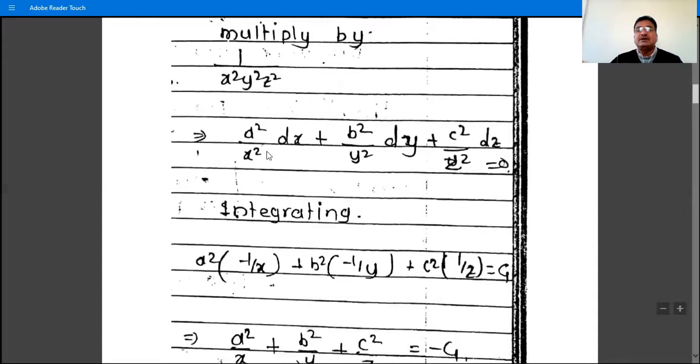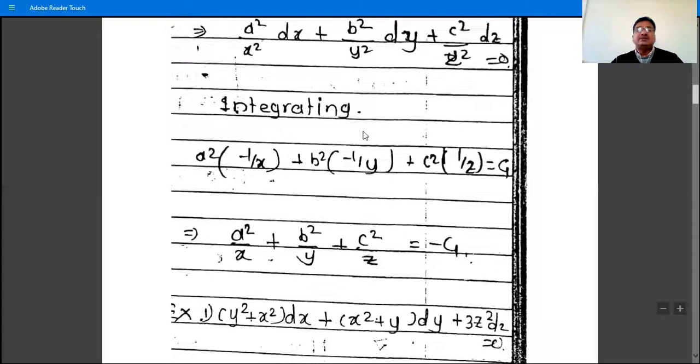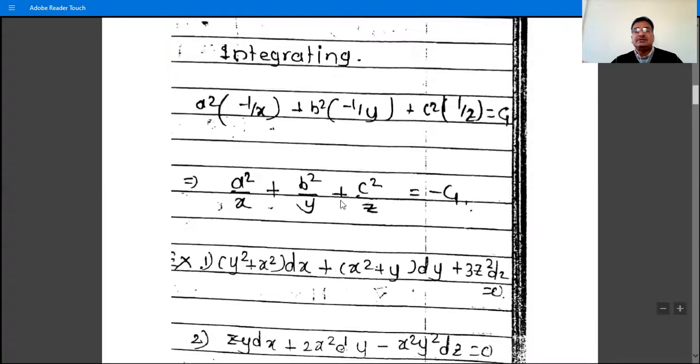If you observe the coefficient of dx, it is in terms of x. The coefficient of dy is in terms of y. And the coefficient of dz is purely a function of z. Therefore this is three variable separable, and just integrating, we have its general solution.